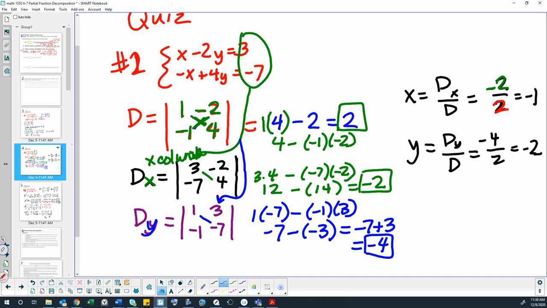So there's our x value. And then for y, we plug in dy, which is -4, and again, we're going to divide that by determinant d. So -4 divided by 2 is -2. So our solution set is -1, -2. Same answer that we got in the previous problem, yes? Yeah. Okay, last one is finding the inverse.